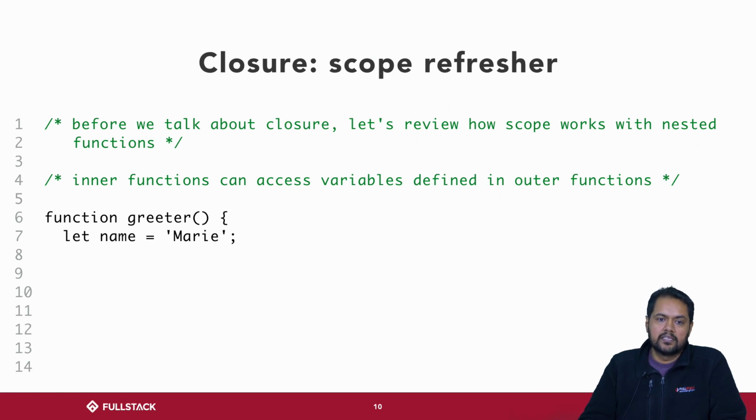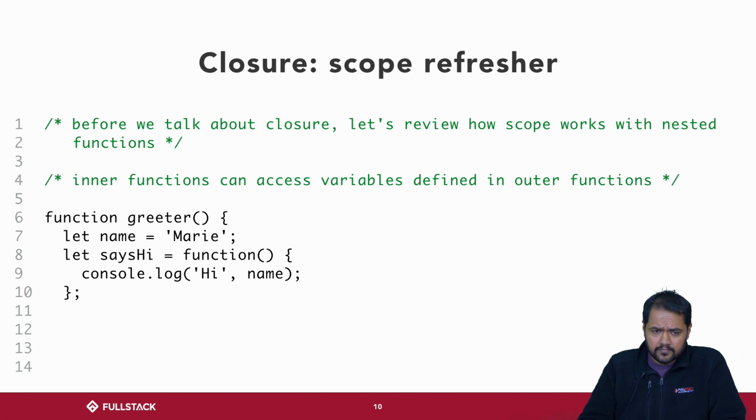Let's say we had a function greeter, let name equals Marie, and then notice that we are using the name variable here, and our name is actually defined up here. It's defined in the greeter function, and then we are able to use it in this other function right here, says hi. And so when we call says hi, this will actually work because it will have access to it.